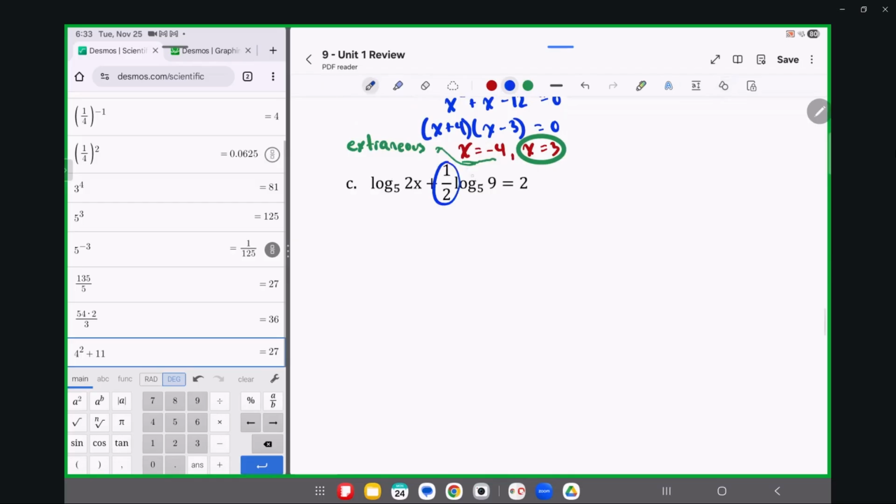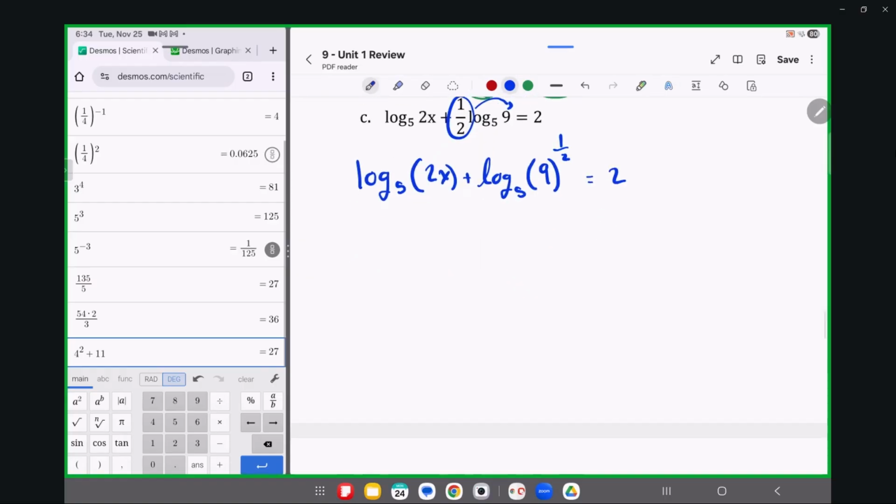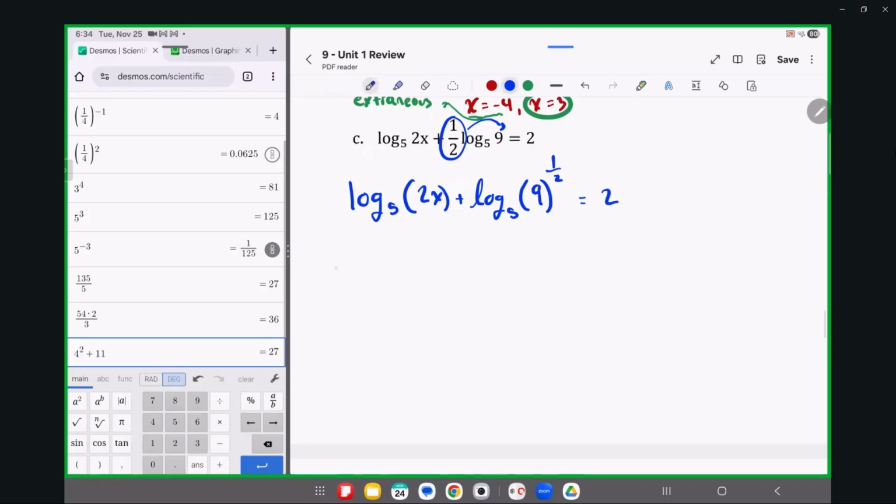So we can rewrite this as log base 5 of 2x plus log base 5 of 9 to the power of 1/2 is equal to 2. 9 to the power of 1/2 is just 3. So this is equal to log base 5 of 2x plus log base 5 of 3 is equal to 2.